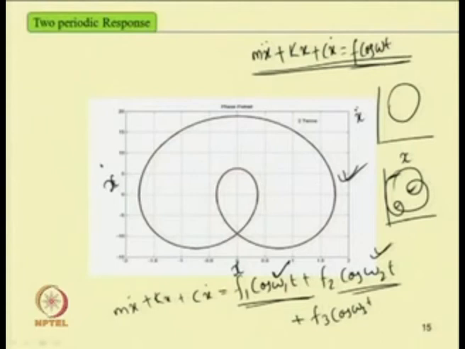In this way one can go on increasing the number of forcing terms, and in the case of a linear system also one can obtain a response with a single period, two periods, or multiple periods. Similarly, in the case of a nonlinear system, for different resonance conditions, even with a single frequency excitation, one can get a periodic, two periodic, or multiple periodic solution.